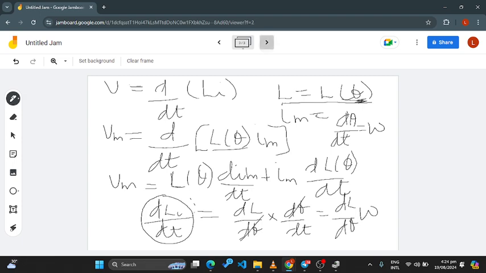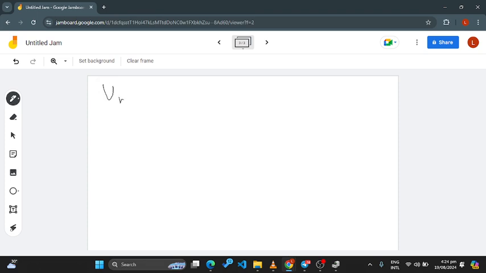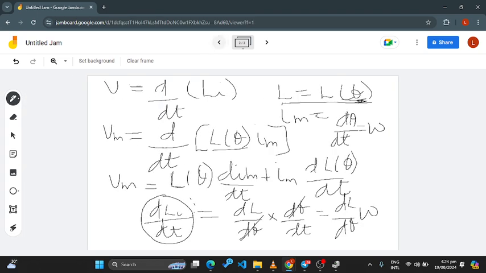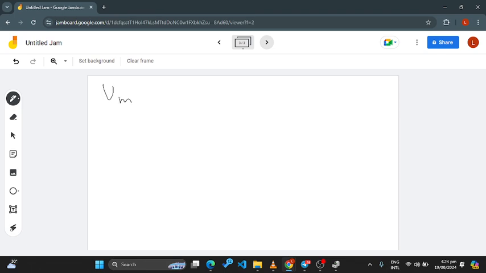Okay, so then we can rewrite our Vm as L of θ dIm/dt plus Im dL/dθ ω.